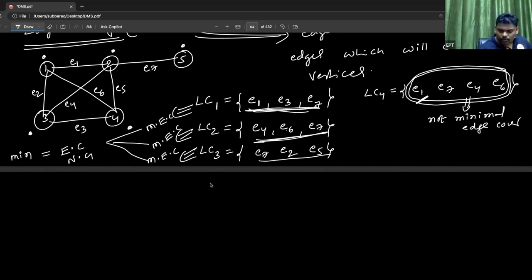Let's try one more, with 4 edges but still minimal. Can anyone help me? Let's try E2. E2 means these two are covered. Next, E3, these two are covered.